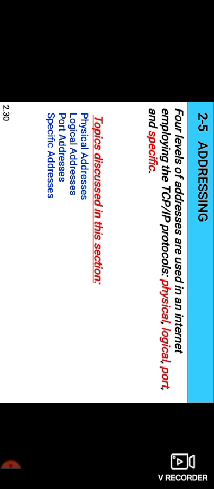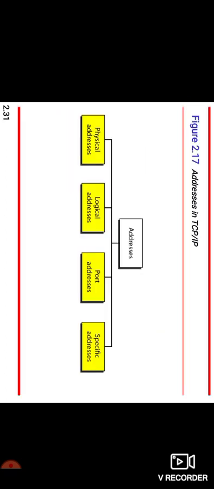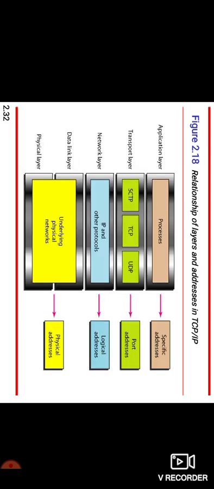So I repeat, the four levels of addresses used in TCP/IP are physical address, logical address, port address, and specific address. These are the different types of addresses in TCP/IP.